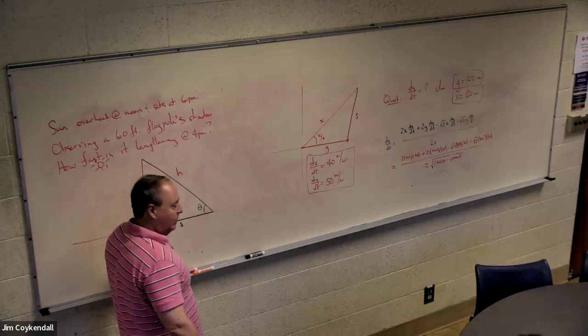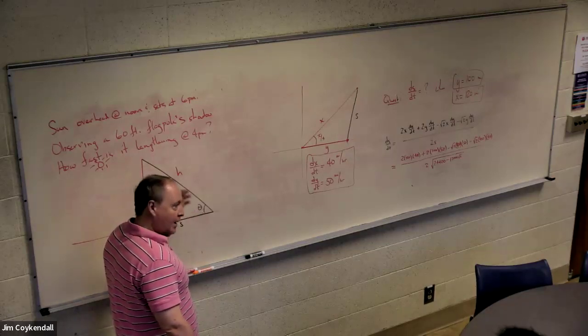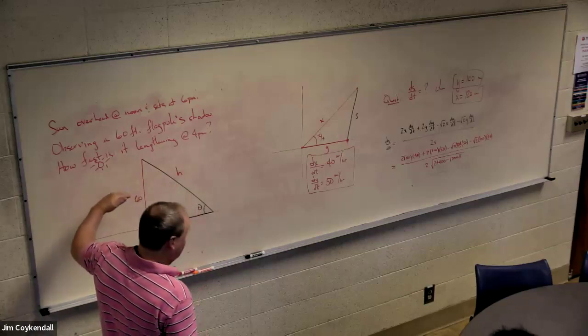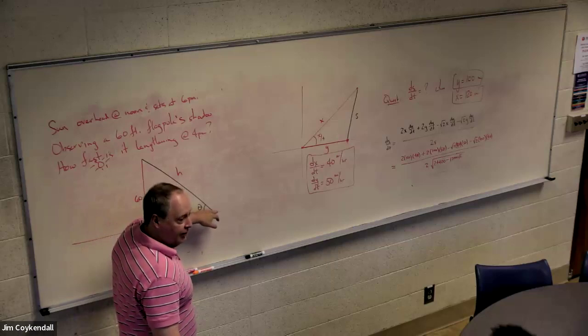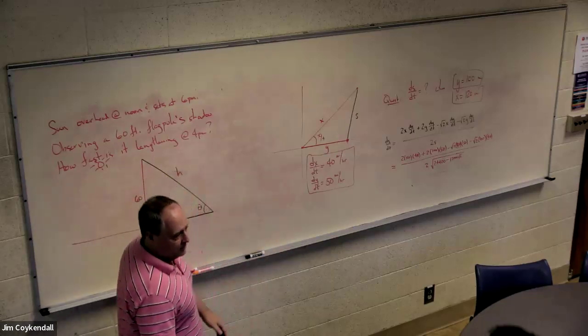Very close to noon, it's very close to pi over 2, 90 degrees. And when you're very close to 6 o'clock, this is getting very close to zero, because the sun is miles away, very flat.